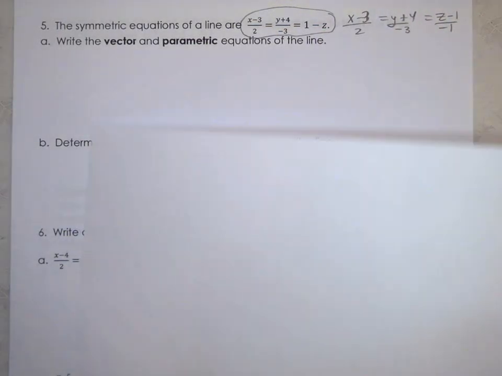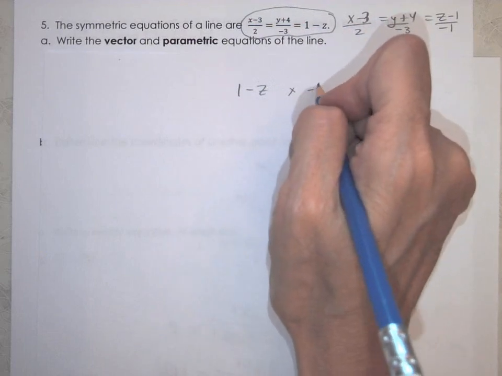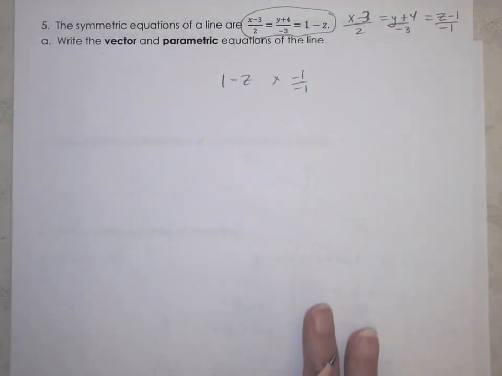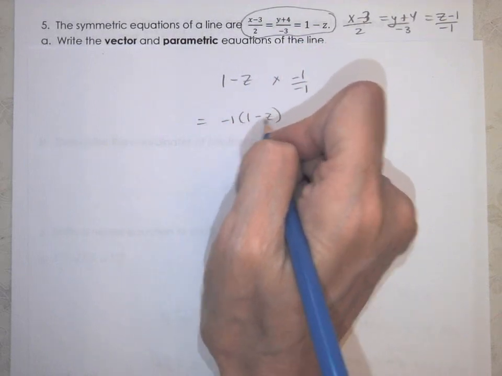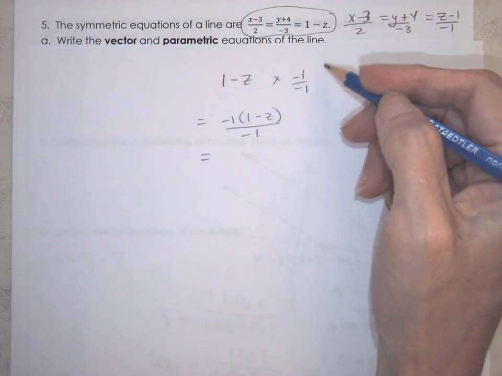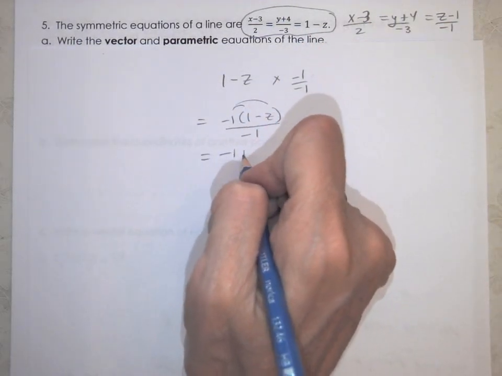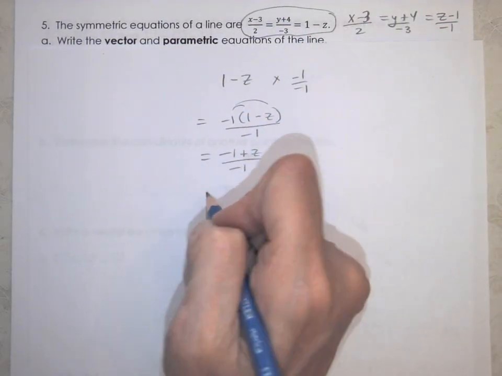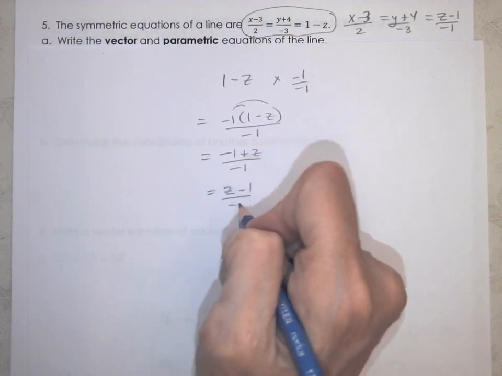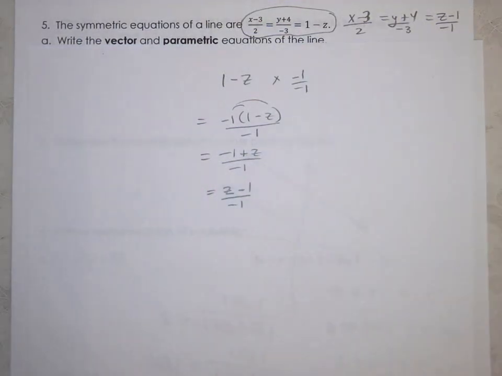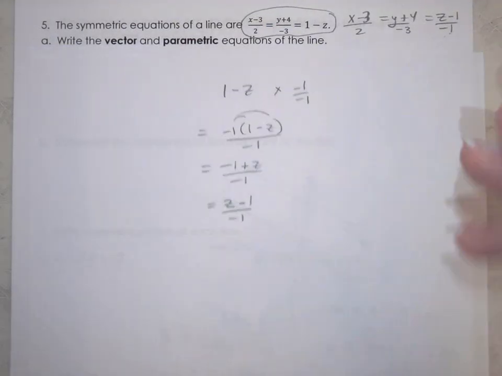And again, our reasoning is if we have 1 minus z and we multiply by -1 over -1, we're going to get -1 times 1 minus z over -1. So we're just multiplying by 1. Distribute. Write the positive z first and the -1 second so that it's in symmetric form. And then we're transferring that up to our equation.